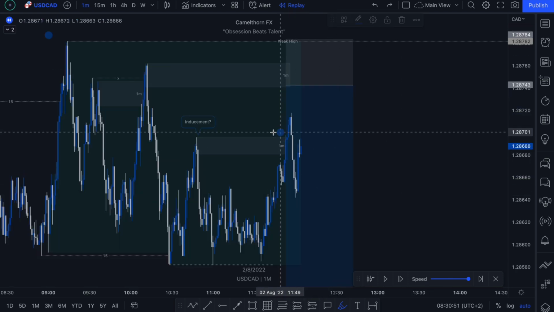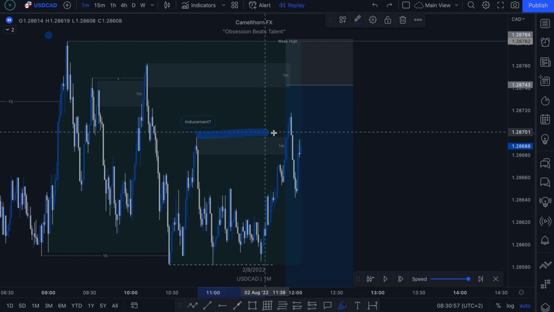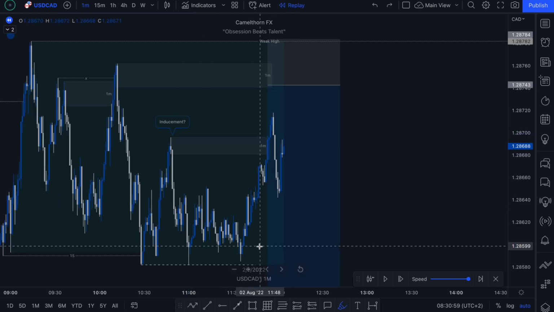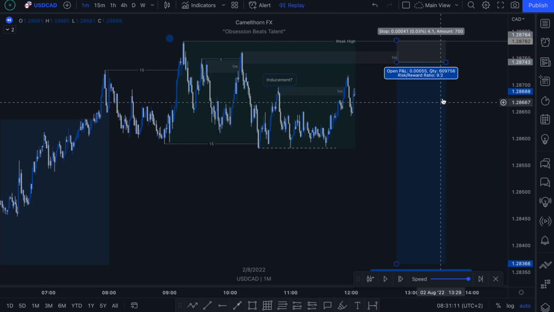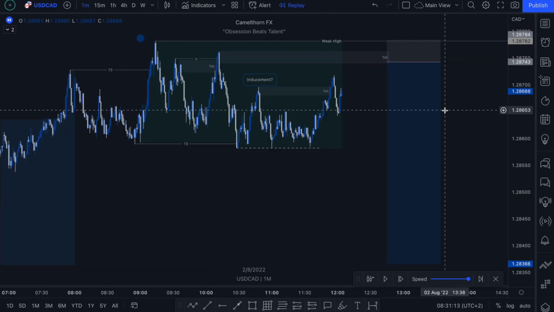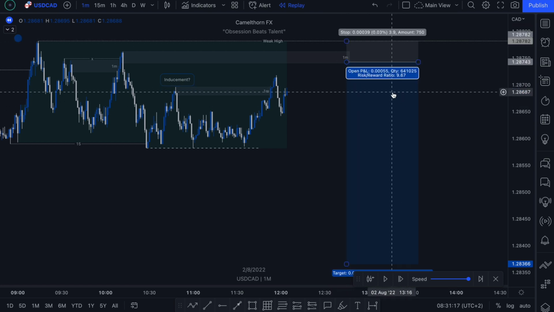So we can see that this supply has now been taken, liquidity has been grabbed, price action has pushed down. We've now obviously broken structure here. At this particular point in time, we are still bullish. Now you can see that if we refine this setup a little bit more, this particular setup would be a 9.6 hour trade.